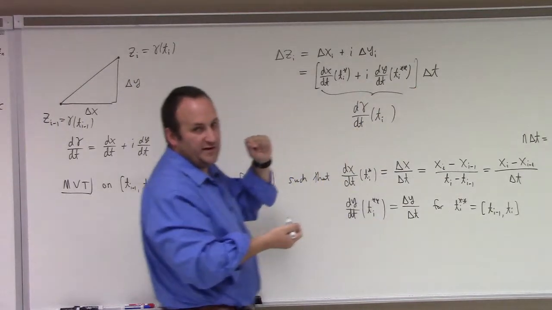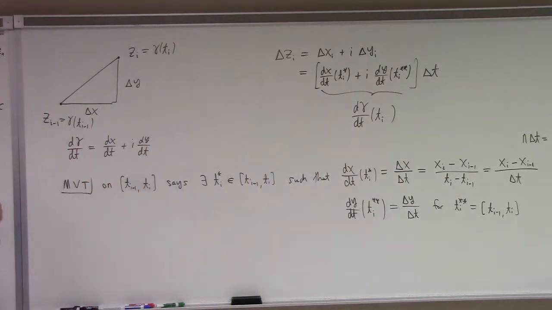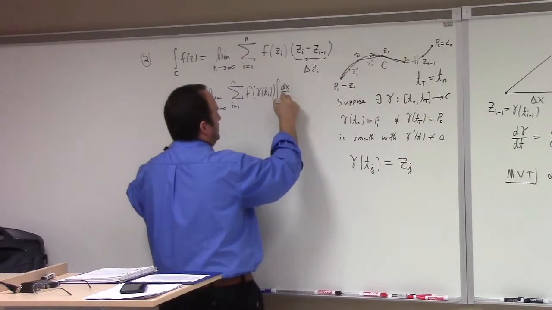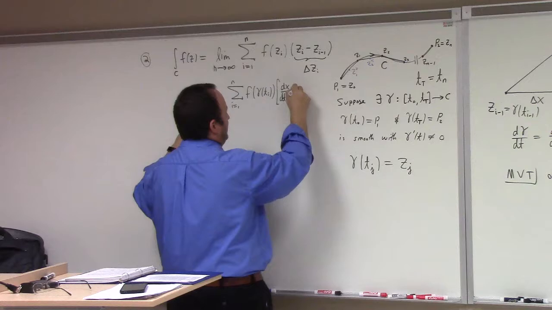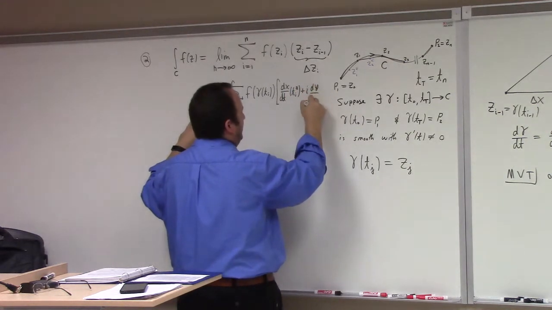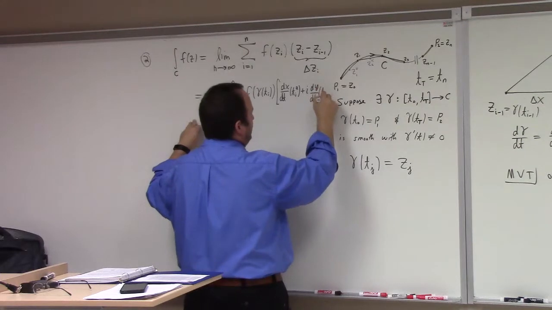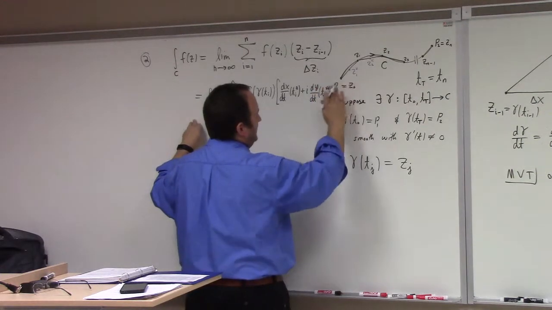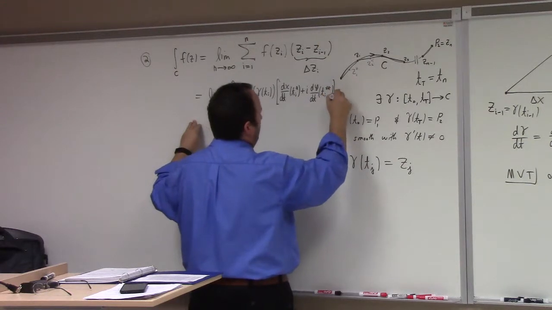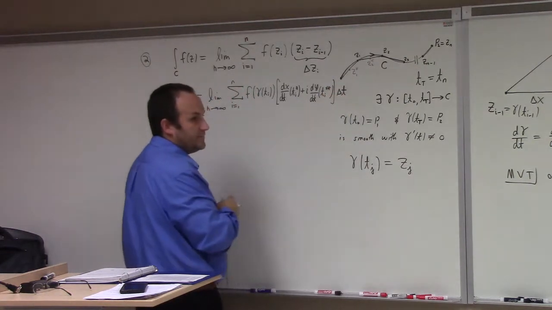But this difference gets washed away in the limit. So this is dx/dt at t_i star plus i dy/dt at t_i star star, times delta t. I was going to try to save myself some writing, but as I think it through, that's not allowed.